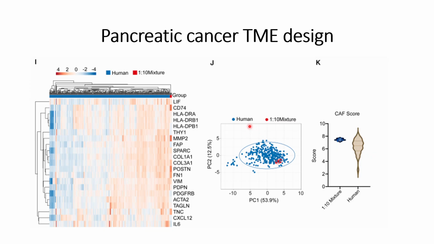From the first figure, they are able to come to the point that the TME design is close to the human group, and they can use this TME design for their further studies on oncolytic herpes simplex. So that's all for this video.